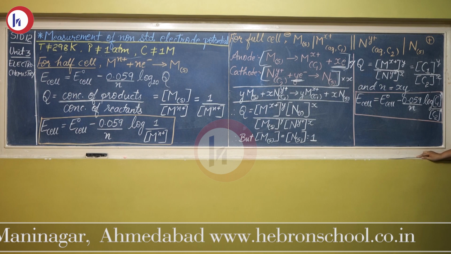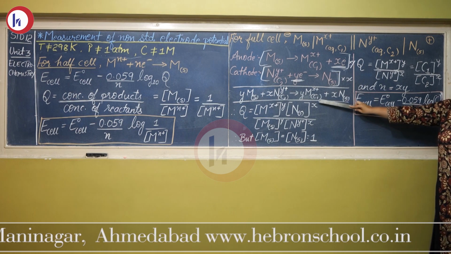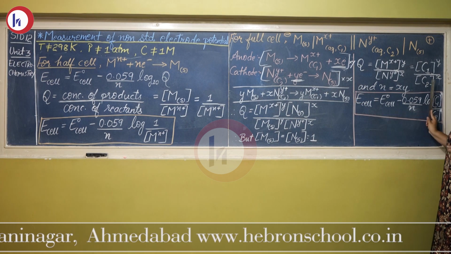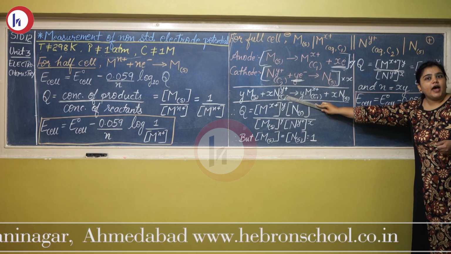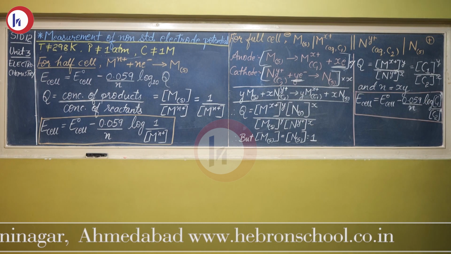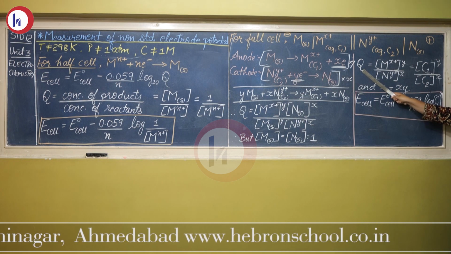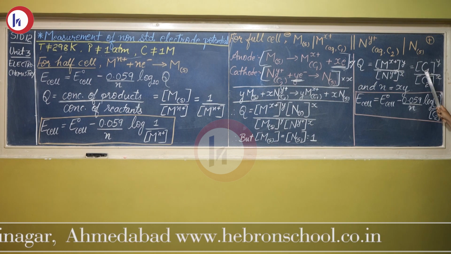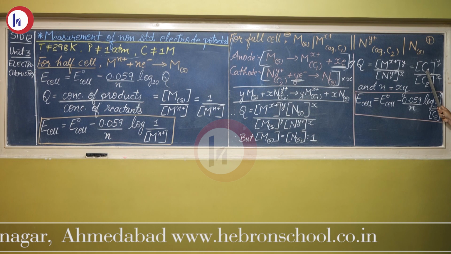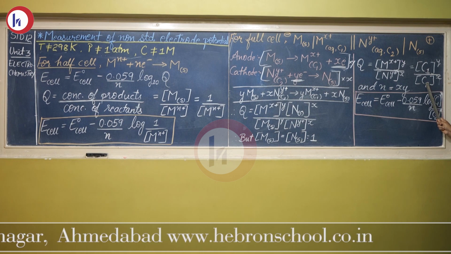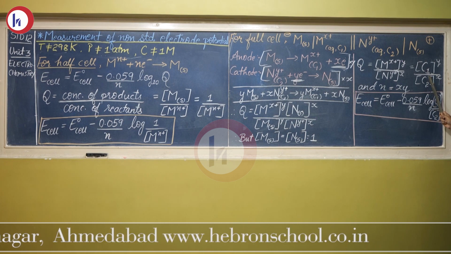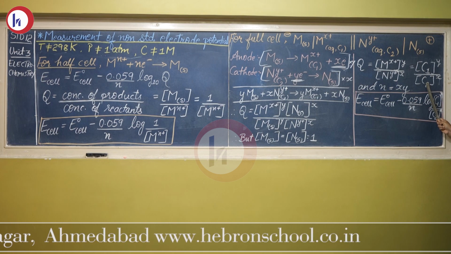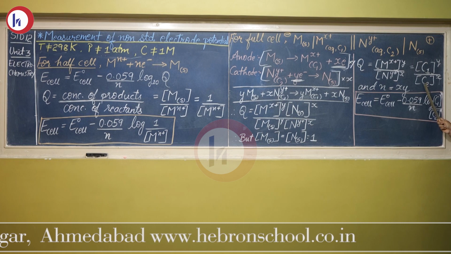Now what is C1 concentration? If you look in the equation, C1 is the anode ion concentration and C2 is the cathode ion concentration. So the reaction quotient of the complete galvanic cell is equal to the concentration of the anodic ion divided by the concentration of the metal ion at the cathode.